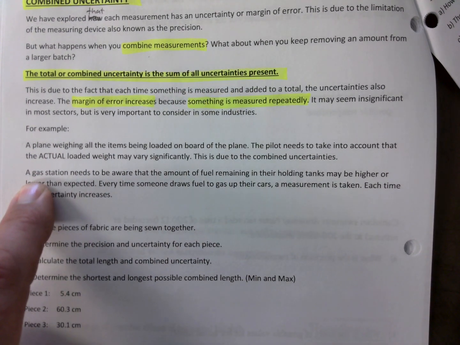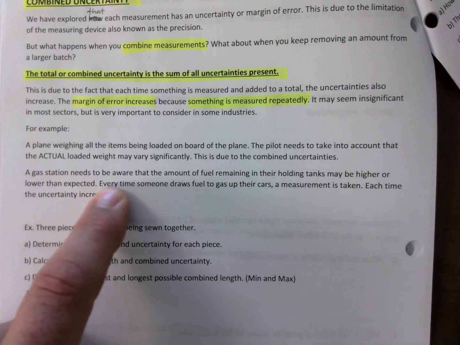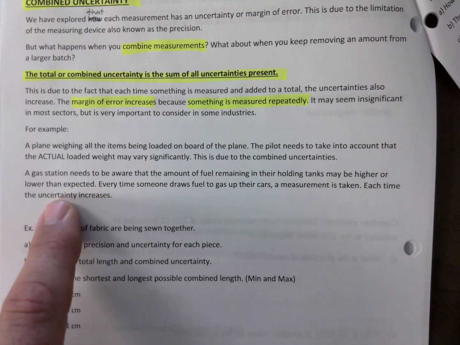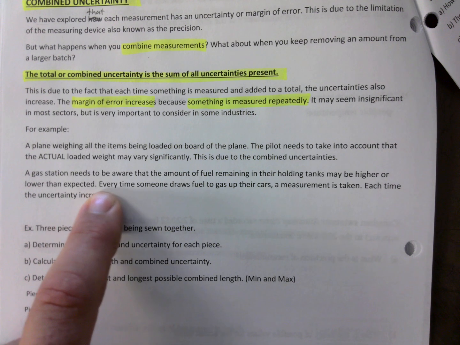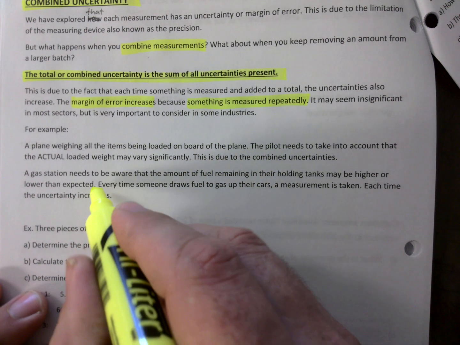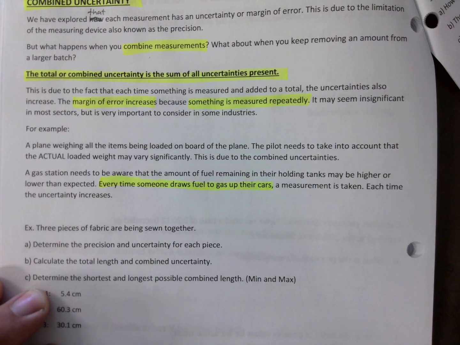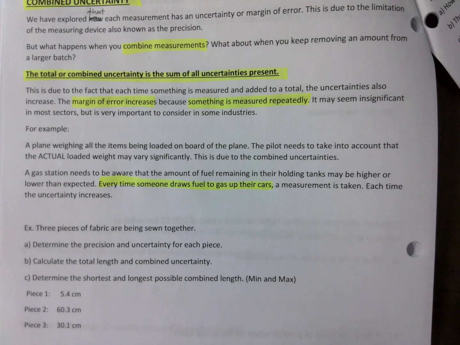What about a gas station? A gas station needs to be aware that the amount of fuel remaining in their holding tanks may be higher or lower than expected. Why is that? Because every time someone draws fuel to fill up their gas tank, the pump measures, like you fill up, click, you're full. Next car comes, full, right? The pump is keeping tally of how many liters are being pumped, but there's always going to be some uncertainty every single time.